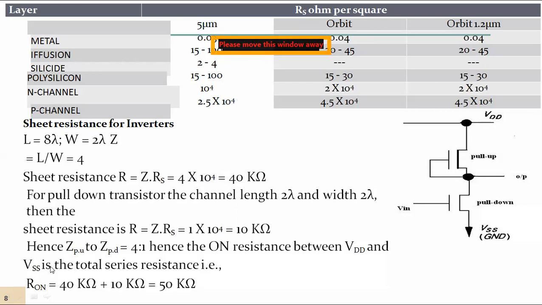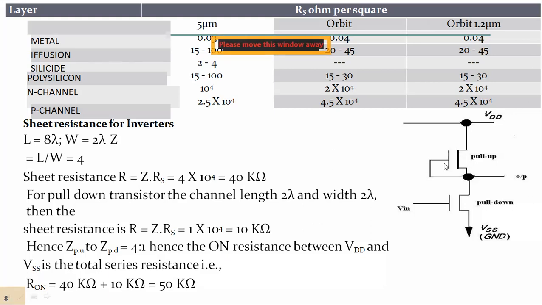Similarly, ZPU to ZPD equals 4:1. Hence, the on resistance between VDD and VSS is the total series resistance, as we have connected them in series.